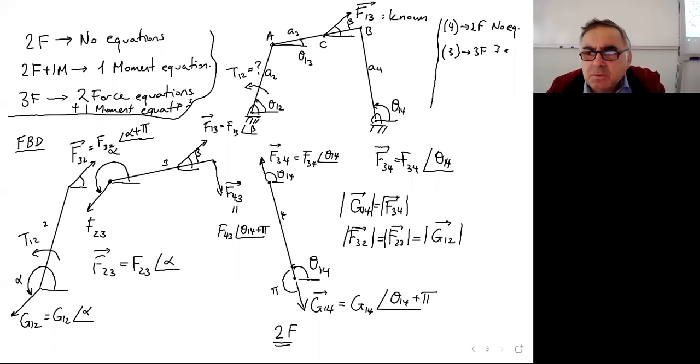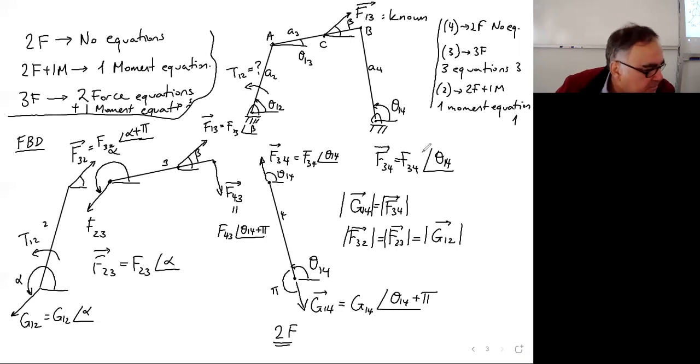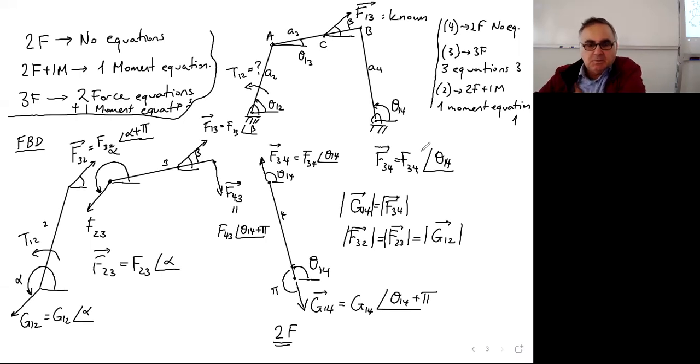You need three equations. And for 2, you have a two-force plus one moment member. You just need one moment equation. Which means that you have three equations here, one equation here. You have to write 4 equations here in order to solve for your unknowns.